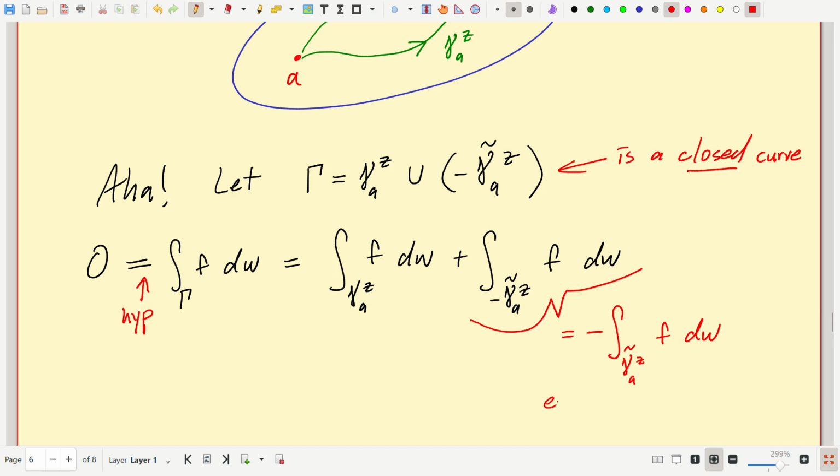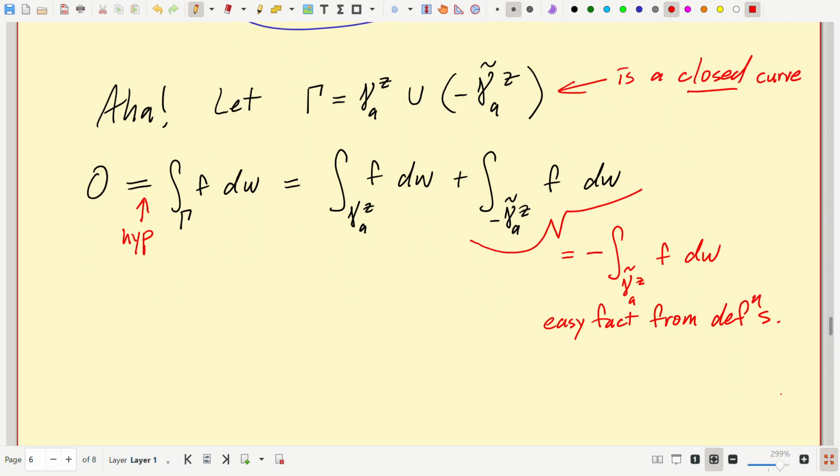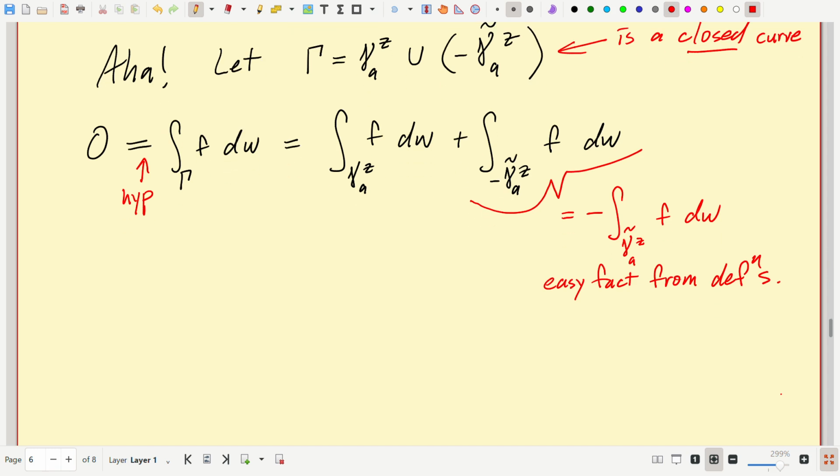That's something you learn in Math 261. When you go along a curve, if you parameterize it going backwards, you get minus that integral. And so that means that those two integrals are the same.